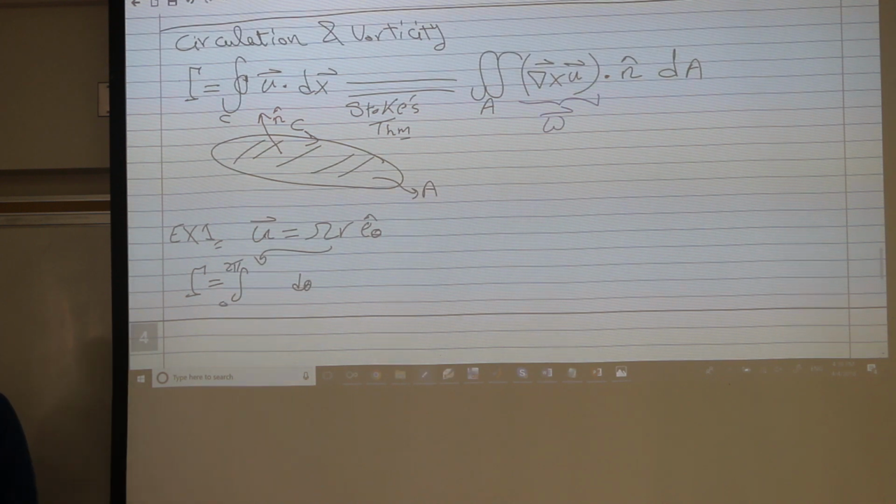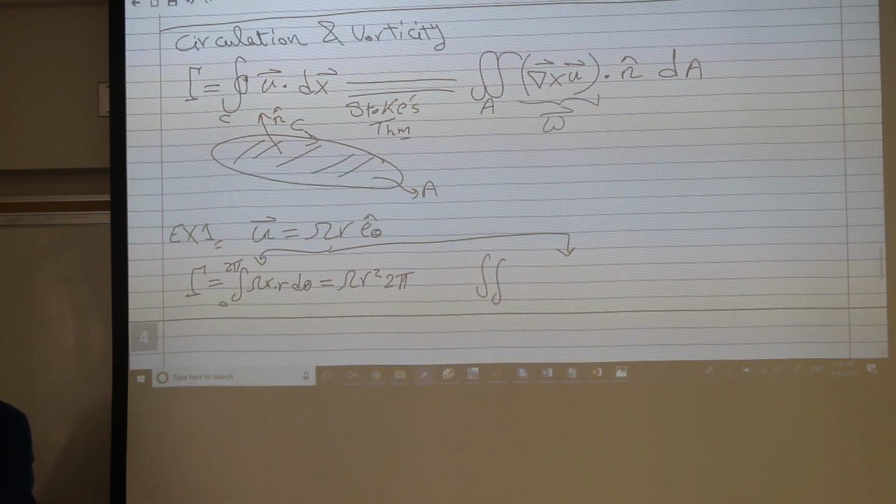This is a closed contour, right? I will integrate the velocity, which is omega r, times the line element, r d theta, correct? So here you get omega r squared, and the integral of d theta from 0 to 2 pi is just 2 pi.